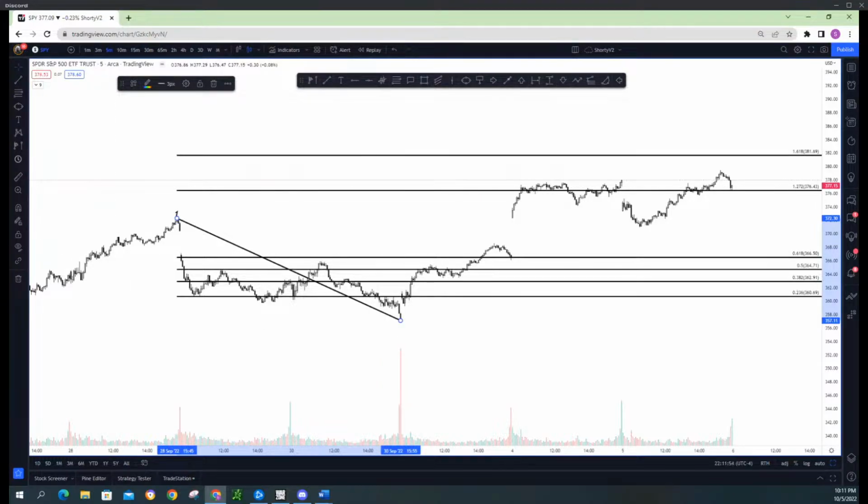I think I understand better. Now I'm seeing them as extensions of the one move. Yeah. When I do the extensions, I'm not as interested in the retracements.